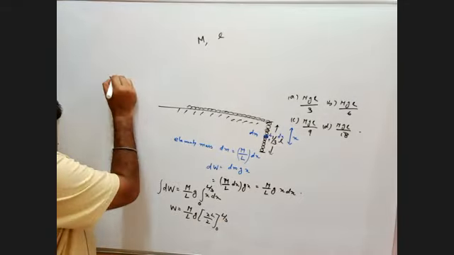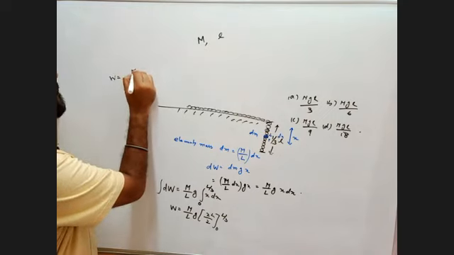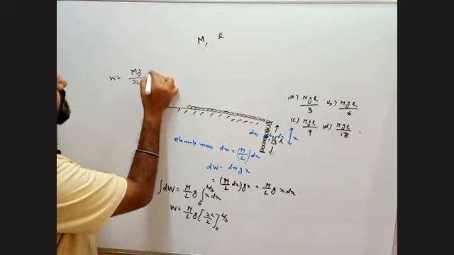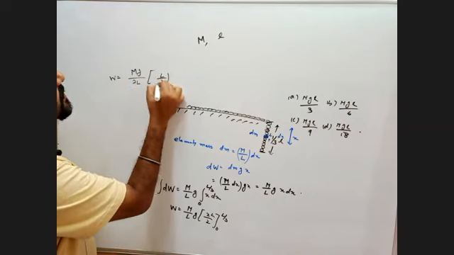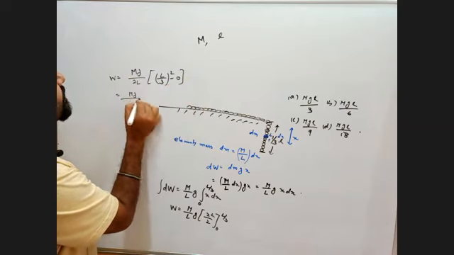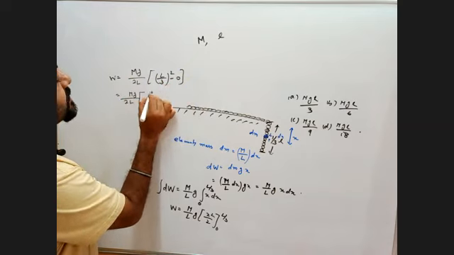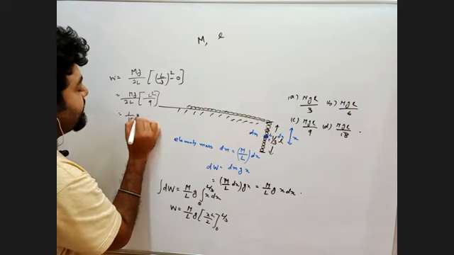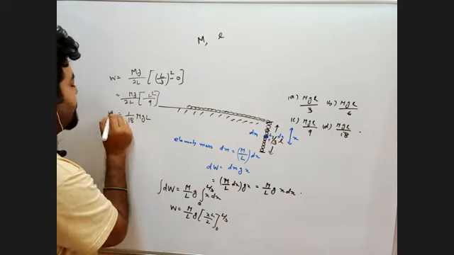So what is the work done? mg by 2l times l/3 square minus 0, that is mg by 2l times l square by 9. So what you have is 1/18 mgl, is it okay?